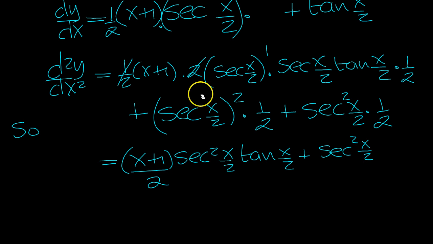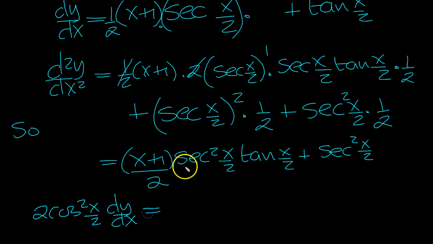So we get that. So I'm going to times that by 2 cos squared. So 2 cos squared of x over 2 dy dx is equal to, now cos squared times sec squared will cancel each other out because sec squared is 1 over cos squared.